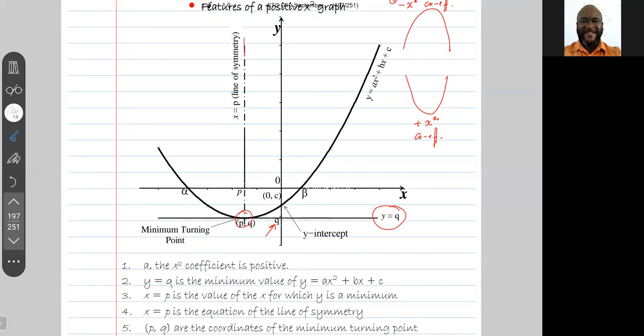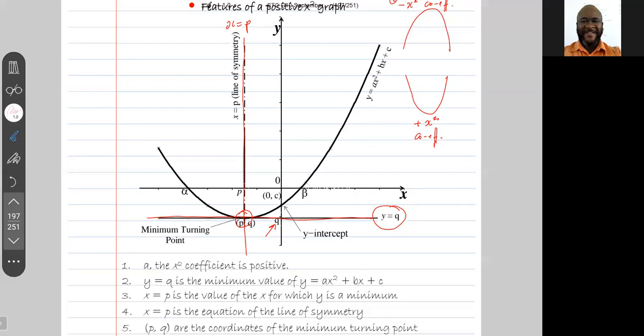The vertical line that passes through this lowest point cuts the x-axis at P. So this is the line x is equal to P. So at the lowest point on the graph where y is equal to Q, x is equal to P. So point 3 is saying x is equal to P is the value of x for which y is a minimum. So the value of x that makes y a minimum is x is equal to P.